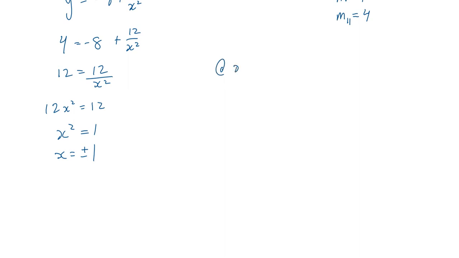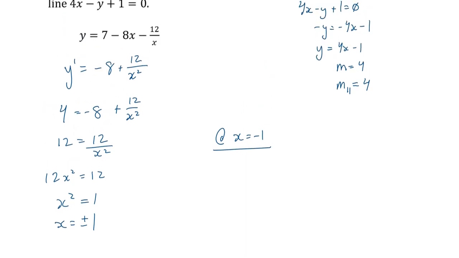So when x is negative 1, we're supposed to find the points, not just the x values, so we have to find the y value, and to do that we sub back into the original equation. This is an expression for the tangent. If we want to find the actual y value, we have to use the original function.